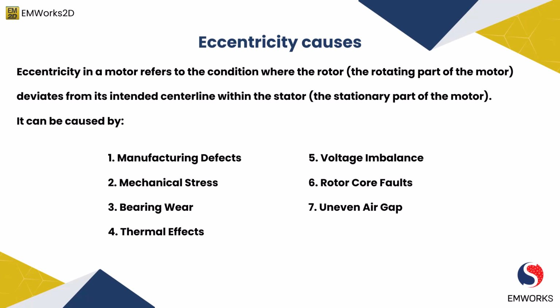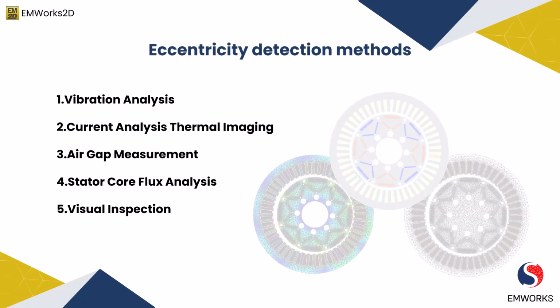So, detecting and correcting eccentricity early is crucial to prevent further damage to the motor. Regular motor maintenance, including vibration analysis, visual inspections, and electrical measurements, can help identify and rectify eccentricity issues in a timely manner. So let us see what are the different detection methods for eccentricity.